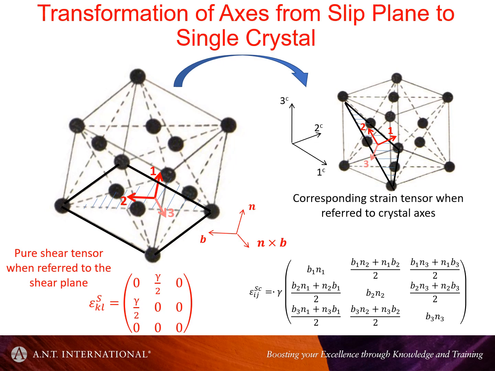If we were to think about shear on a given slip plane, one can define the strain tensor in this way. This is my E12 value and this is my E21 value.